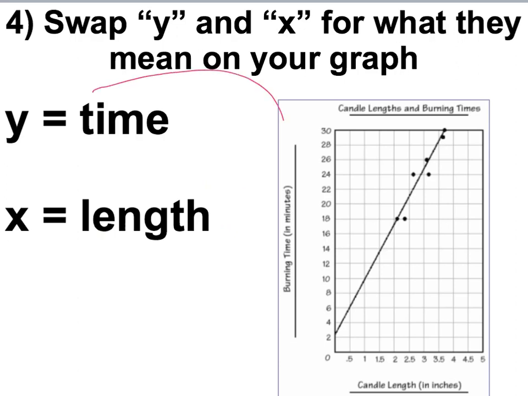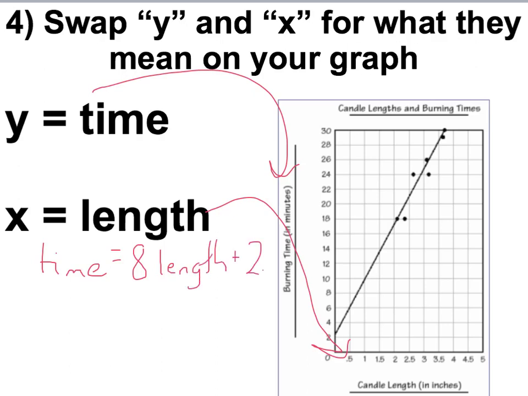So y is what's on the y-axis, which is time, and x is what's on the x-axis, which is length. So if you rewrite that, you can say time equals 8 times length plus 2.7. And that's the equation for this line.